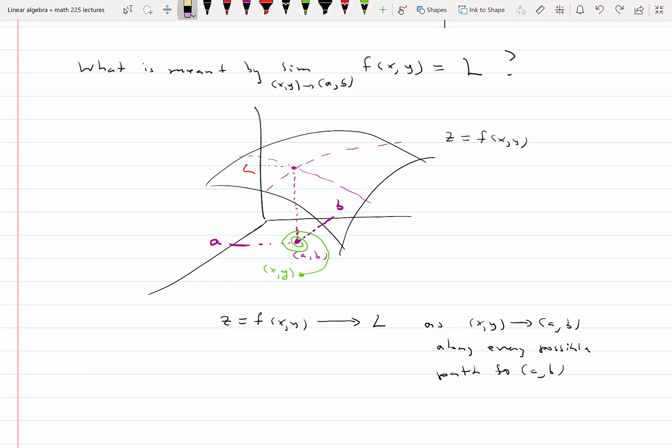So the big point here is the exercises that you're going to be dealing with are ones in which you show that a limit doesn't exist. To show that a limit doesn't exist, all you have to do is find two pathways to the point that you're approaching, usually the origin, where the z values are approaching different values.